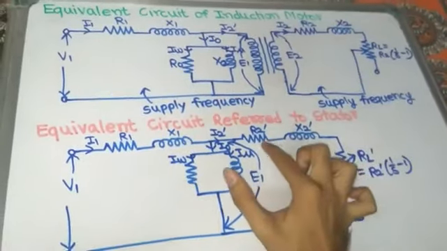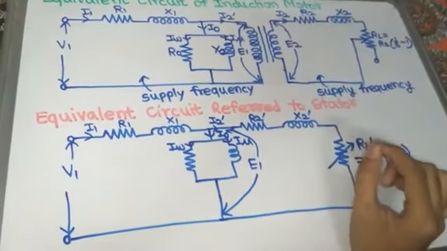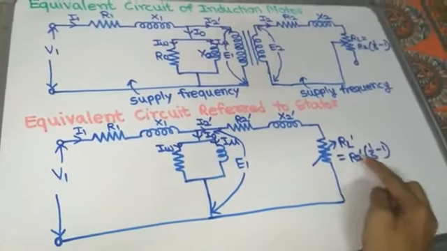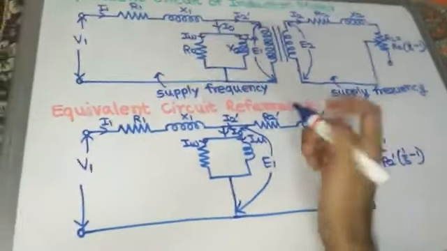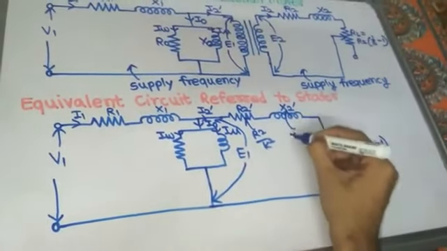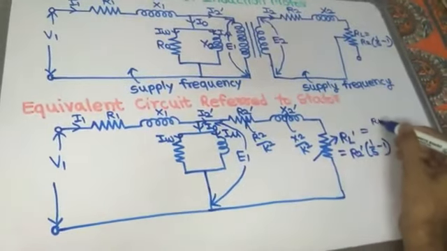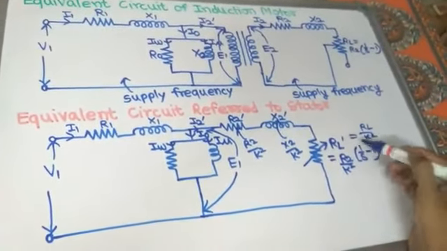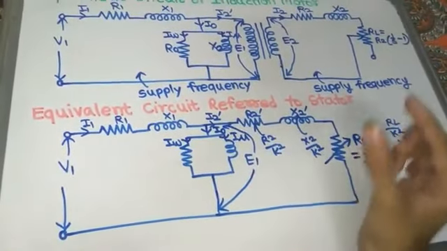Similar to that, R2 dash equals R2 by K square according to the transformation ratio, X2 dash equals X2 by K square, and RL dash equals RL by K square, meaning R2 by K square times (1/S minus 1). So this is the complete equivalent circuit referred to the stator.